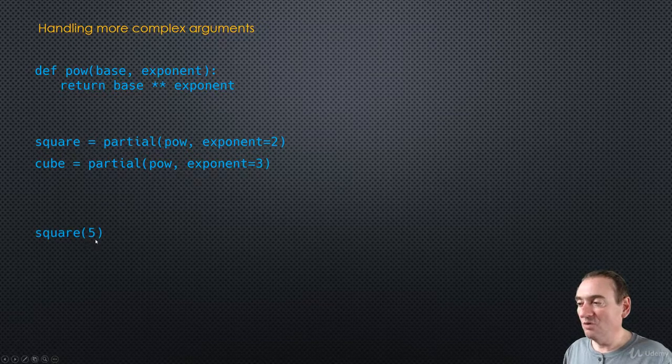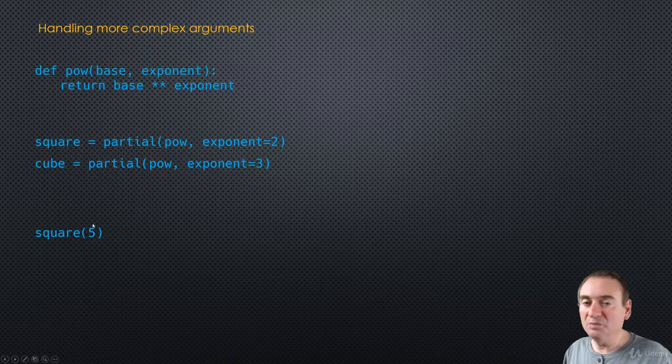So now if we call square 5, what's happening? Well, 5 is a positional argument, and we're not specifying it with a keyword. It's just a positional argument. It's the first positional argument. It's going to get thrown to the first positional argument of power. Exponent, which is defined here, will get passed to exponent. So we've satisfied what power needs.